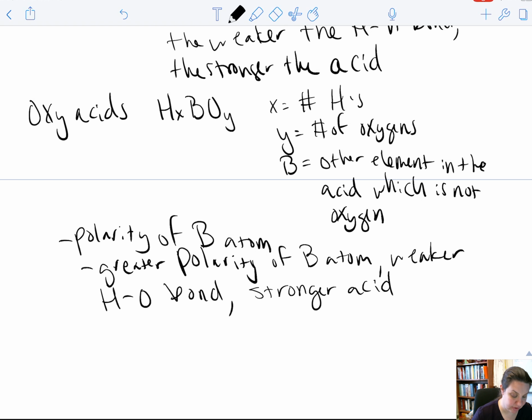So the more electronegativity, remember the polarity, electronegativity.